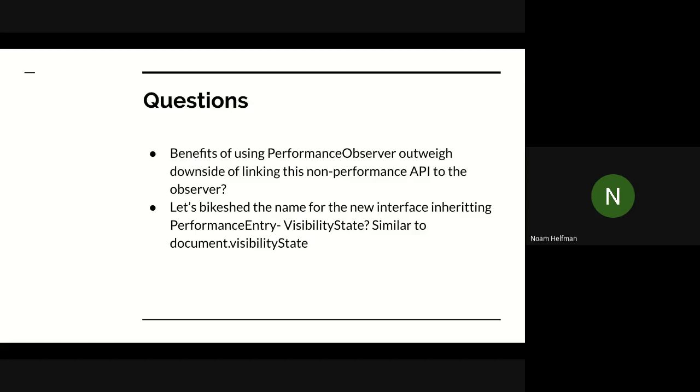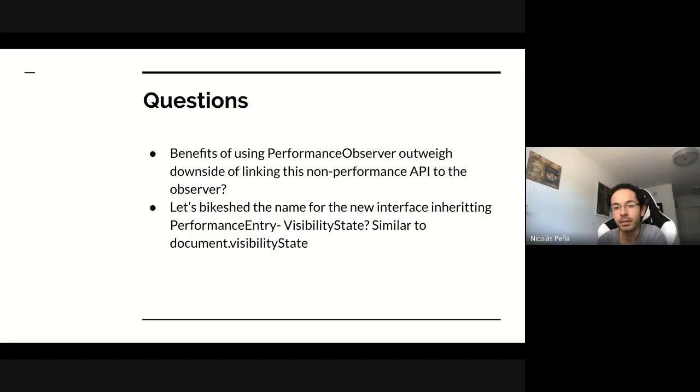I think it actually makes sense to use Performance Observer because, at least for me, visibility is strongly correlated to performance because of background throttling of CPU and other things that impact performance. Makes sense. Yeah, same here.